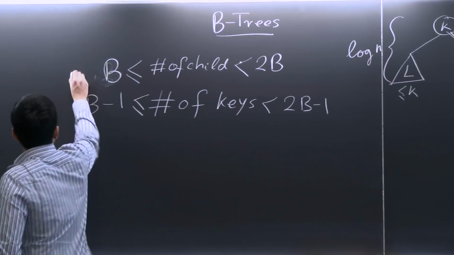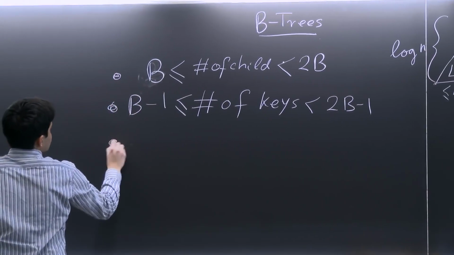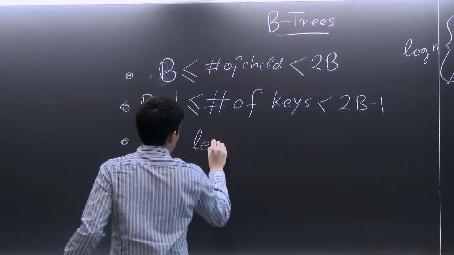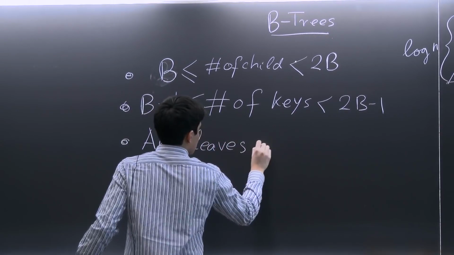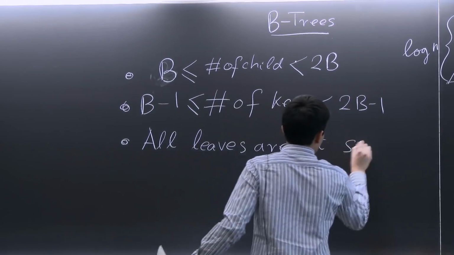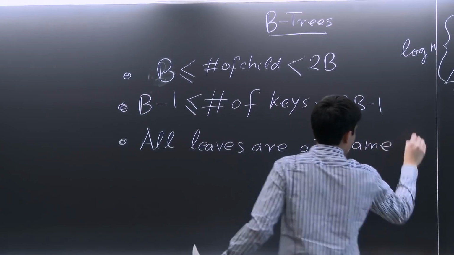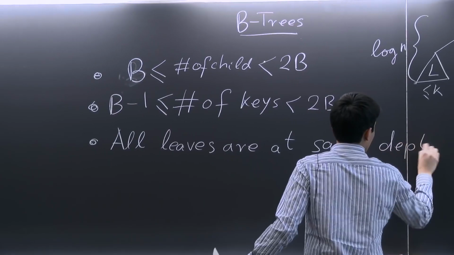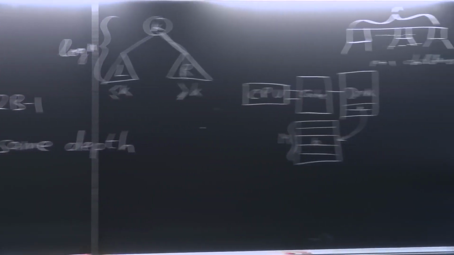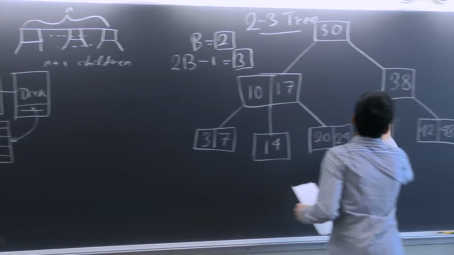So all the leaves are at the same depth. You can see it here, right? You can't have a dangling node here.